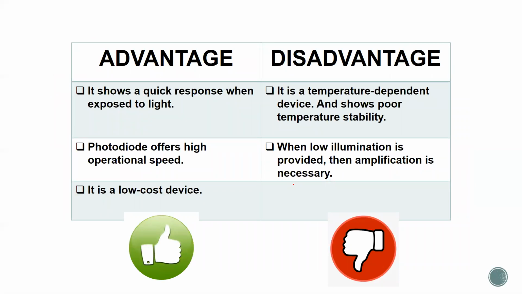Next, the advantages and disadvantages of the photodiode. First, the advantage is that it shows a quick response when exposed to light. Second, the photodiode offers high operational speed. And the last one is that it is a low cost device.